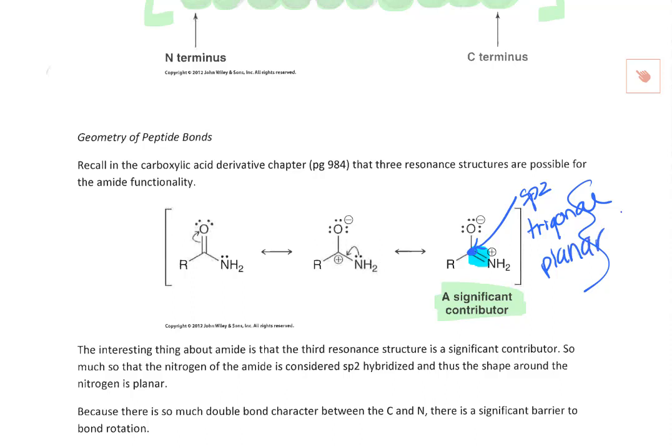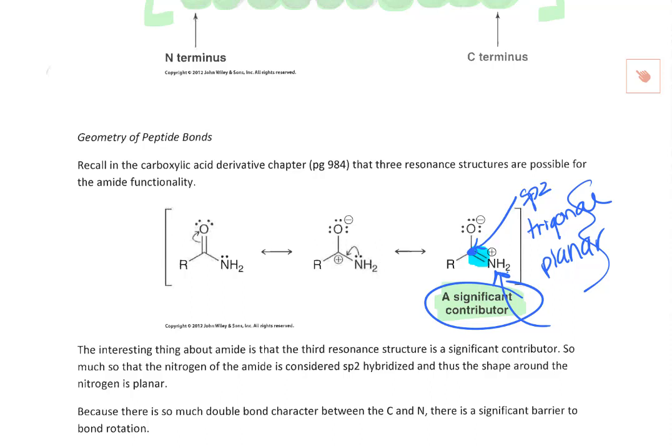So the question becomes, why does that matter? And it's not so much that that carbon is the one that's mattering. What matters is because this is a significant contributor, this nitrogen that you would normally say is sp3 hybridized really has some sp2 character.